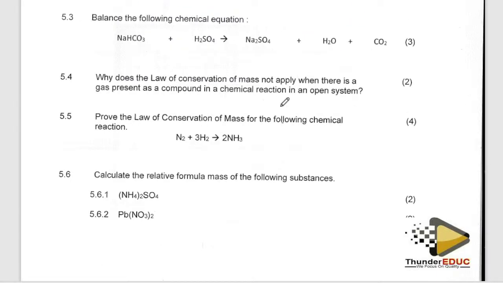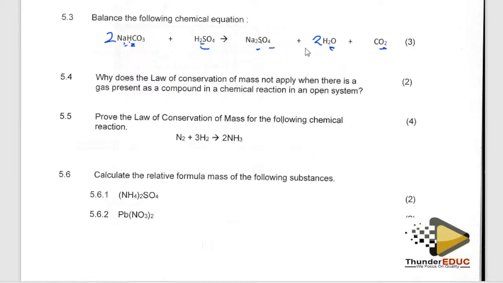Then they're asking for the balanced equation for sodium hydrogen carbonate, sulfuric acid, sodium sulfate, water, and carbon dioxide. When you balance, I put a 2 here, and if I put a 2 there, then the hydrogens are 2 plus this, which gives me 4, but here I have 2.